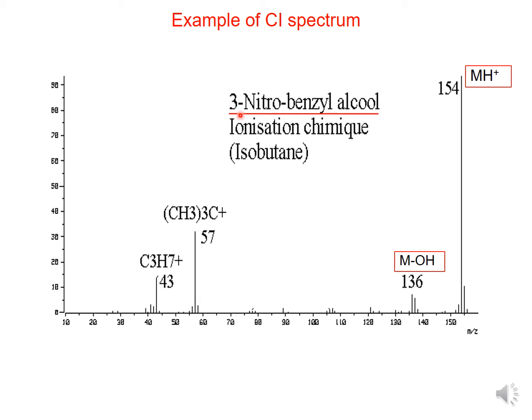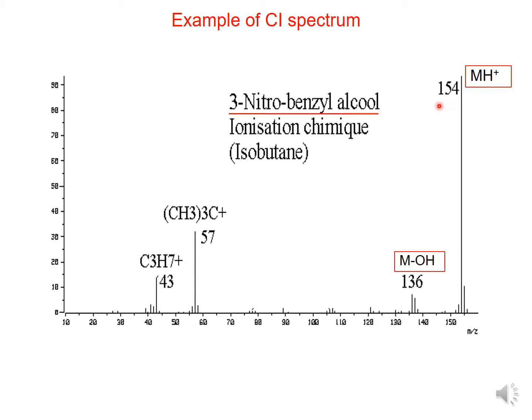Remember, the mass of my compound is 153 Dalton. And I have here a molecular peak at 154 Dalton. It is normal because, of course, we have to consider that we have MH+, then I see the mass of my molecule plus 1 Dalton.